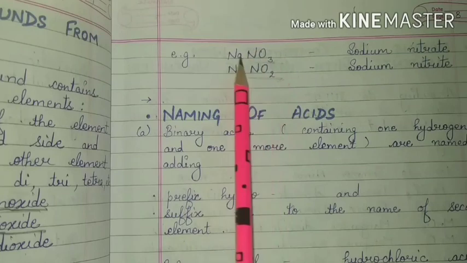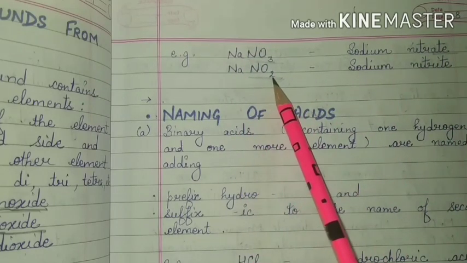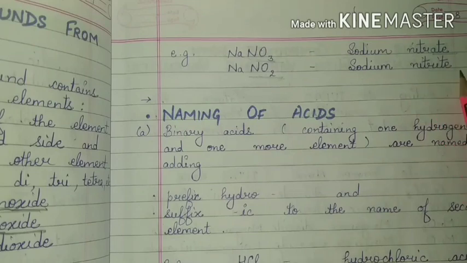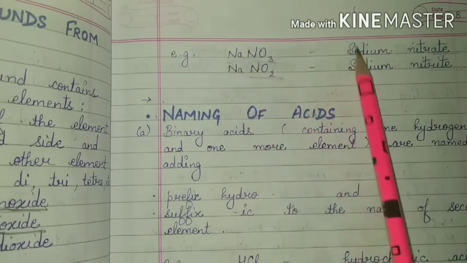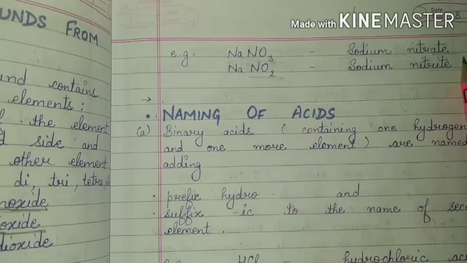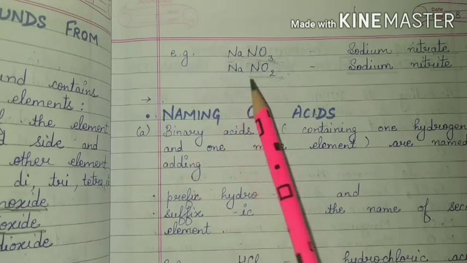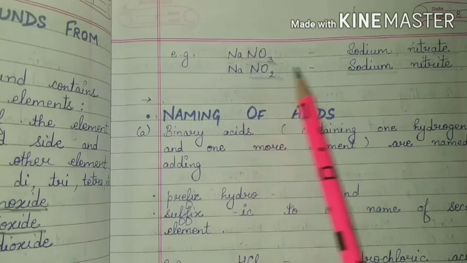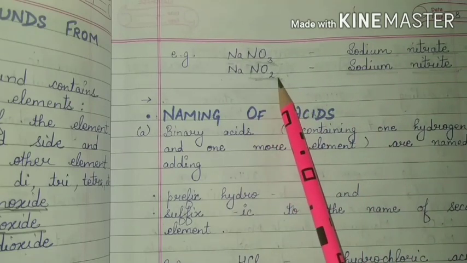If we have more oxygen atoms then we use the suffix "ate", and if we have fewer oxygen atoms then we use the suffix "ite". So for this compound we have written the name sodium nitrate. NaNO3 is sodium nitrate. Then for NaNO2 we have written the name sodium nitrite because we have fewer oxygen atoms here.